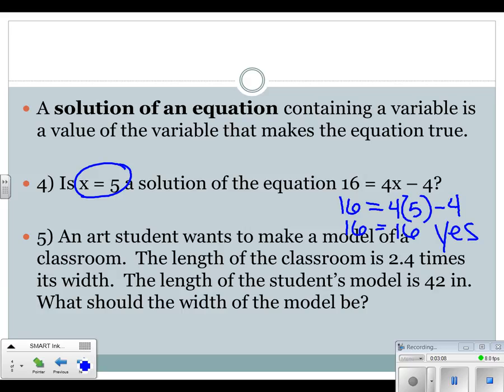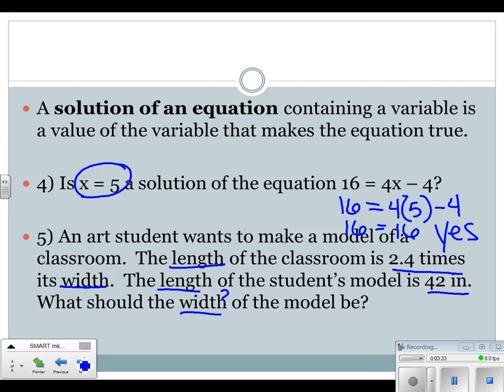The art student wants to make a model. The length of the room is 2.4 times its width, and the length of the model is 42 inches. And we're looking for the width. That's the question. What's the width?